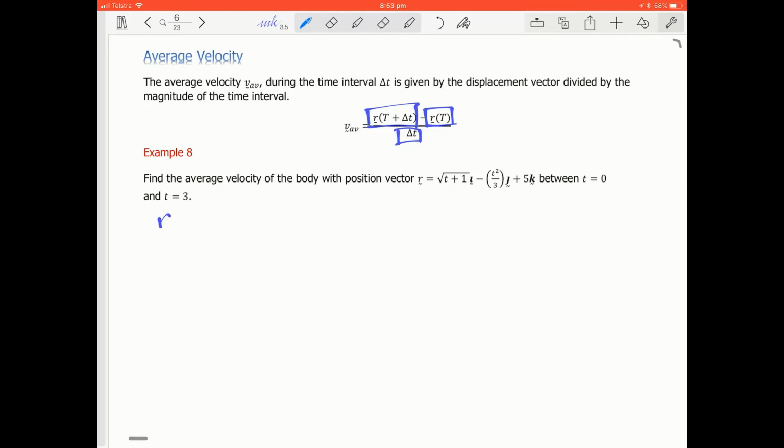Okay, so we'll say r initial, when I put 0 into this, I get i, 0j and then plus 5k. Then r final, when I put 3 into it, I get 2i.